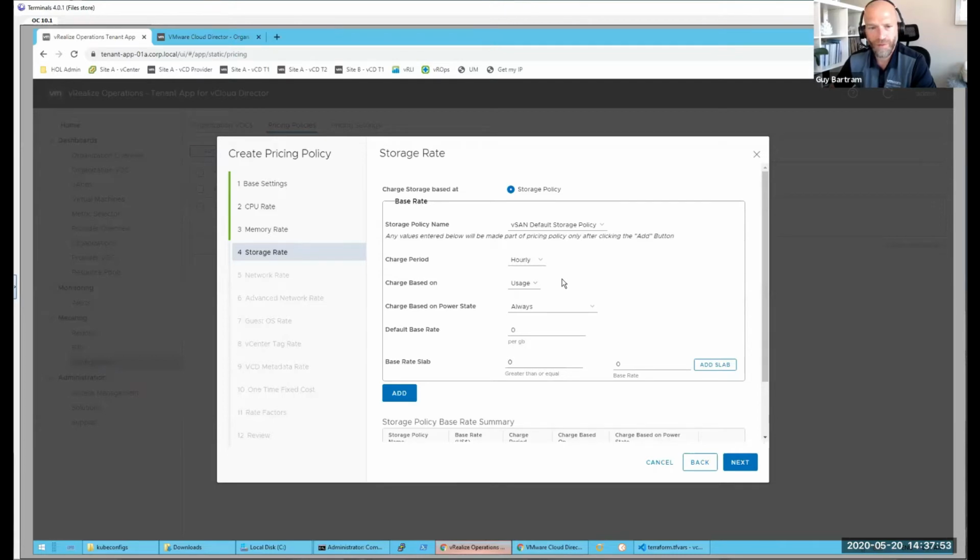Yep, that's true. So this allows you to charge differently for different qualities of storage. So if you have gold, silver, bronze kind of storage tiers, you can say every GB from gold tier is 10 cents, whereas everything from silver tier is 8 cents. Everything from bronze tier is 5 cents per GB.